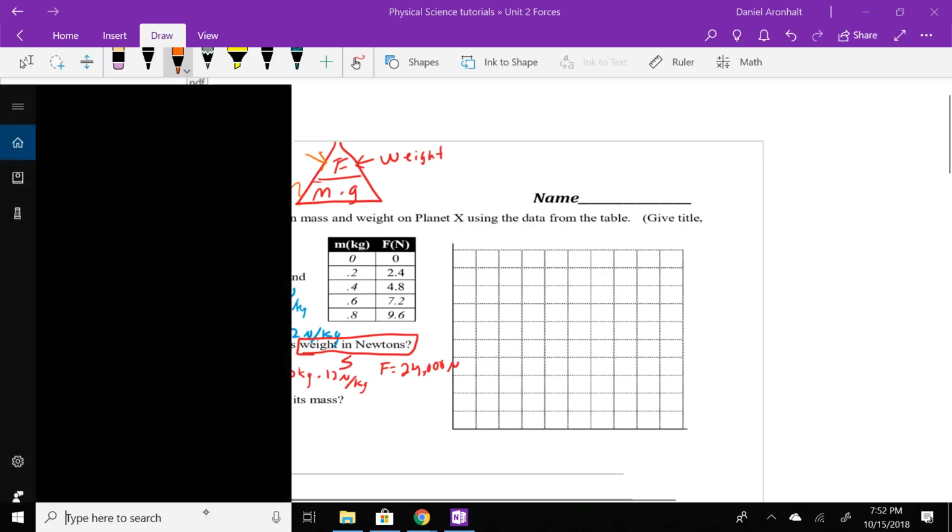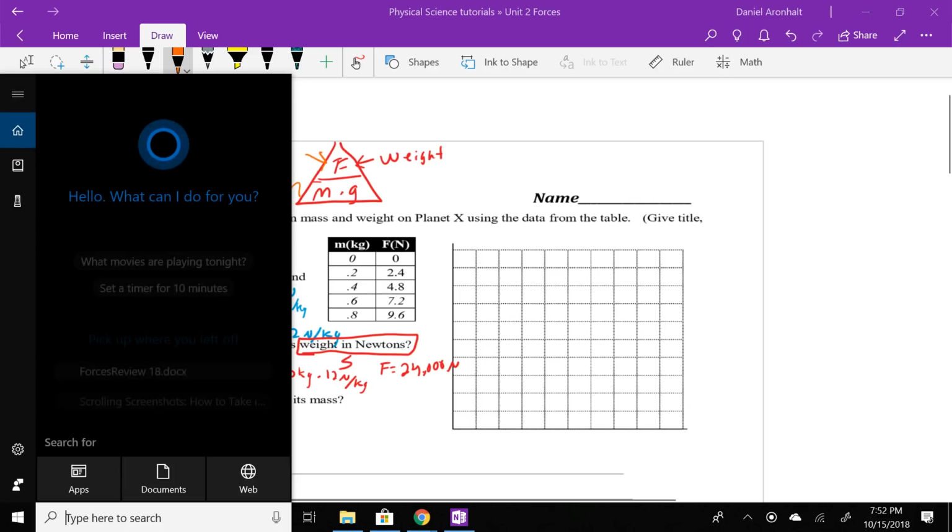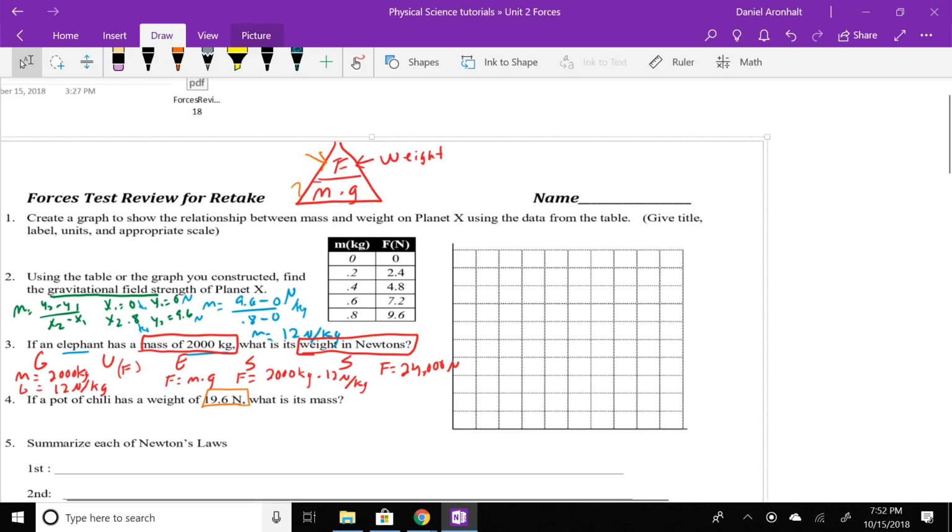Our givens are going to be force equals 19.6 and gravity equals 9.8 newtons per kilogram. Now, that means we're going to want to find mass.